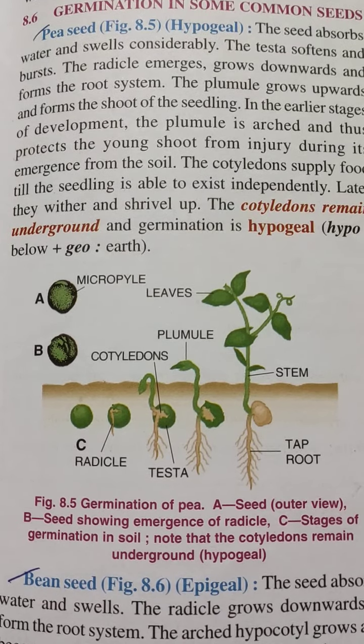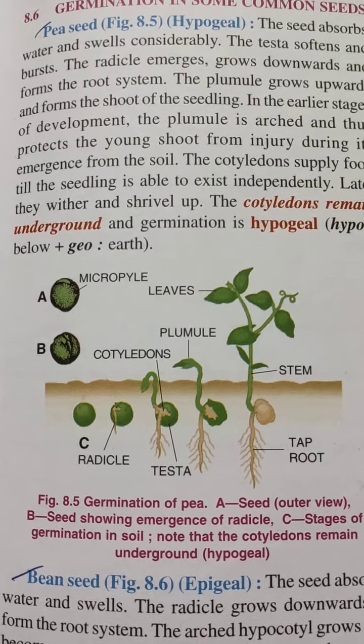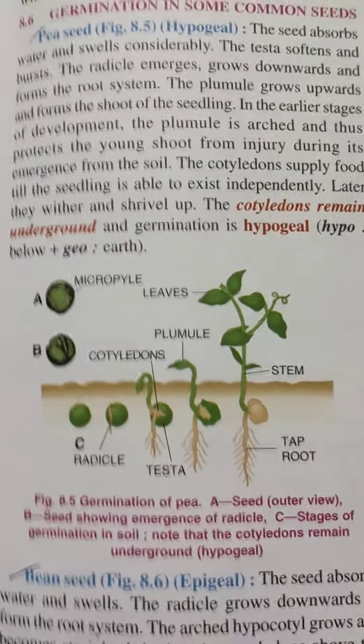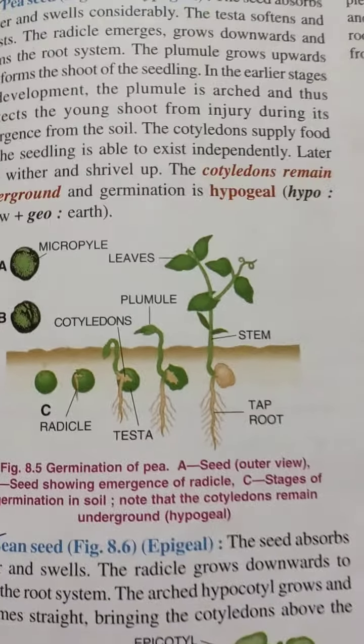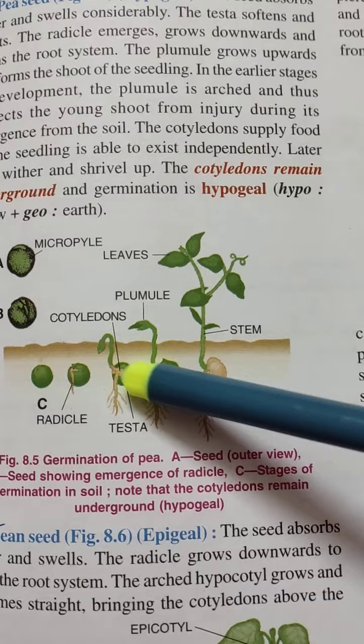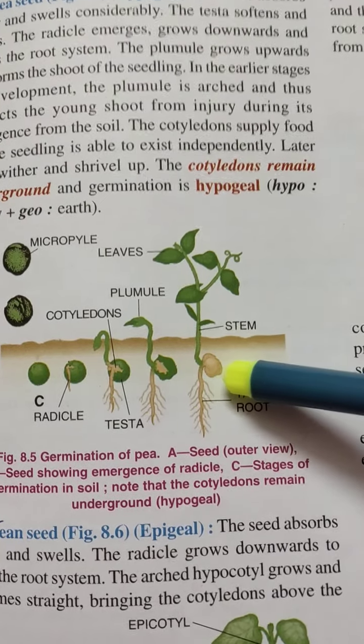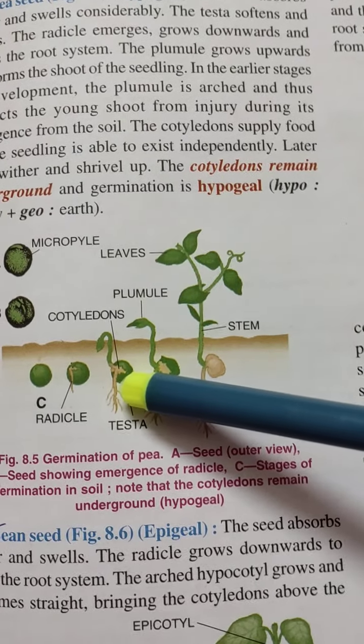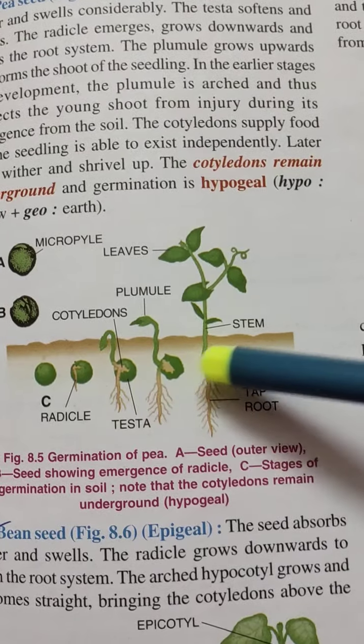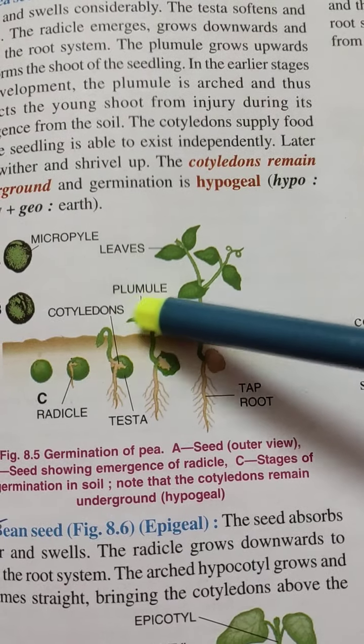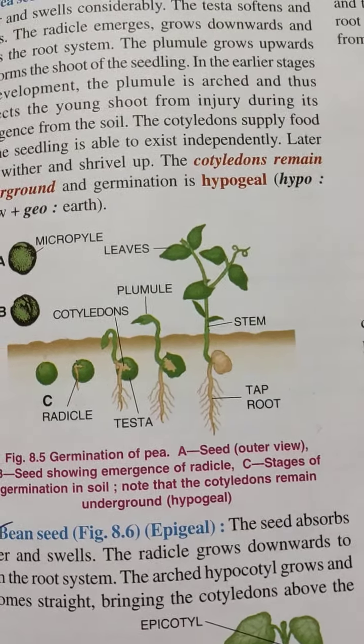So this is the hypogeal mode of germination, because here we can see that these are the cotyledon parts which are remaining under the ground and the shoot system is arising above the ground. Clear?